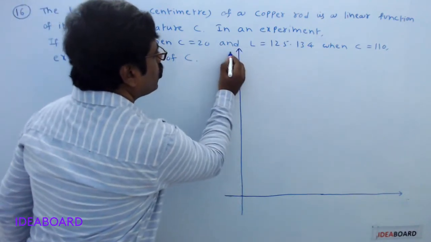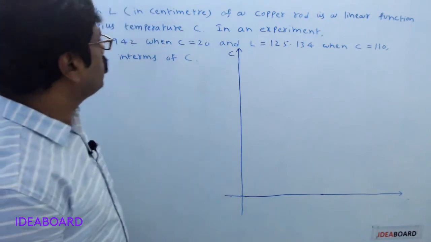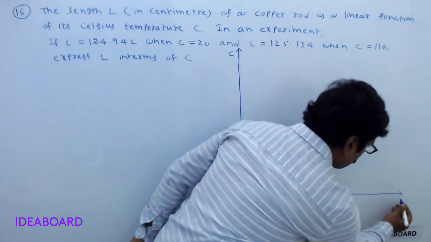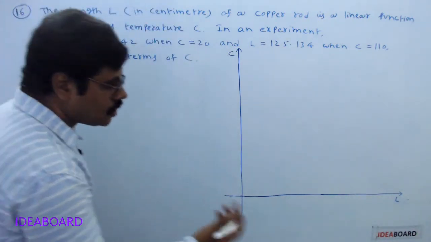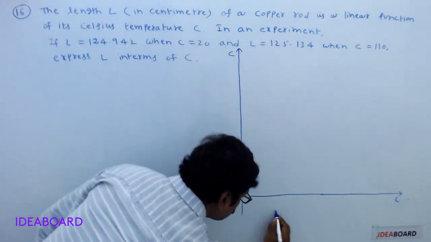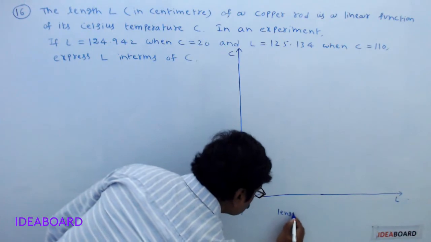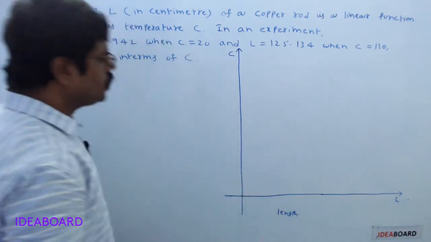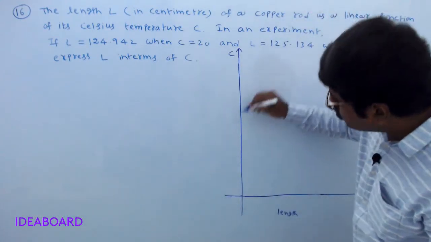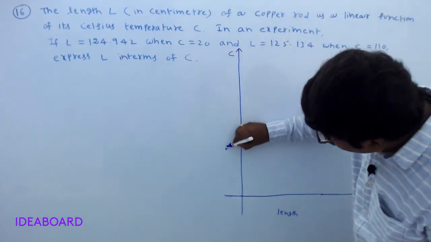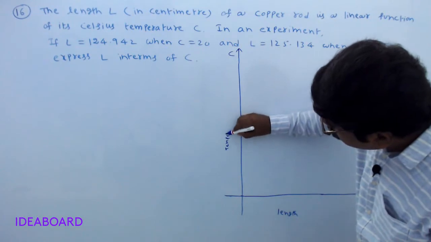Now in place of y, you can write C, and in place of x, you can take L. So along the x-axis, take the length values, and along the y-axis, take the corresponding temperature values. This is temperature.